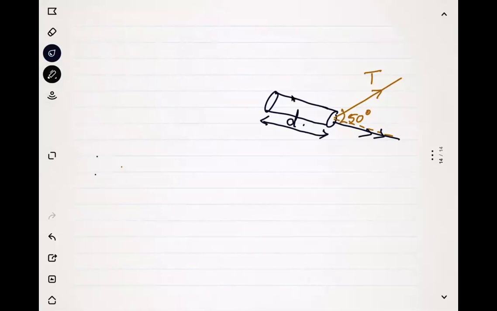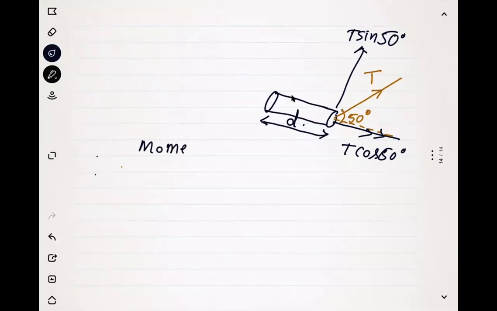This is T cos 50, and the one that is perpendicular would be T sin 50. So the component which is along the distance is to be ignored. The component which is perpendicular is to be taken.